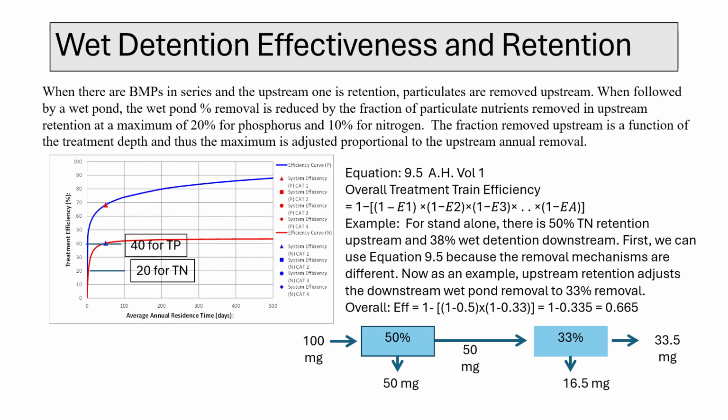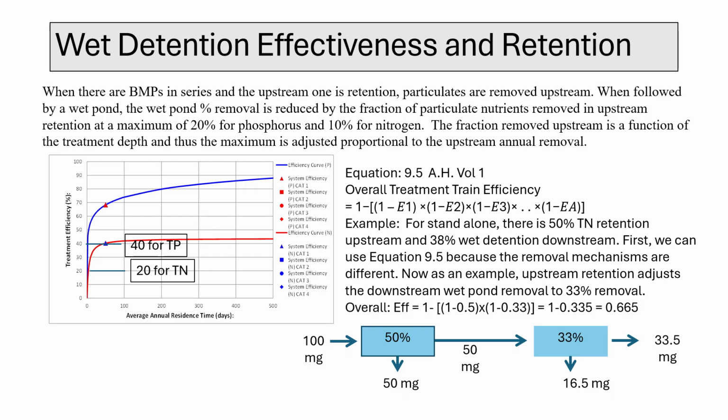The actual fraction removed upstream depends on the treatment depth, so this maximum reduction is adjusted proportionally to the upstream annual removal. To calculate the overall efficiency of such a treatment train, meaning multiple BMPs in sequence, we use the equation shown here. This equation calculates the overall treatment train efficiency by considering the individual efficiencies of each BMP, E1 through EN. Let's look at an example to illustrate this.